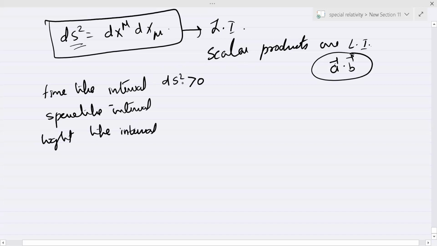If the time part is dominating, we say that it is time-like. If the space part is dominating, we'll have ds square less than 0. In this case, c dt will be less than dx, and this is known as space-like.